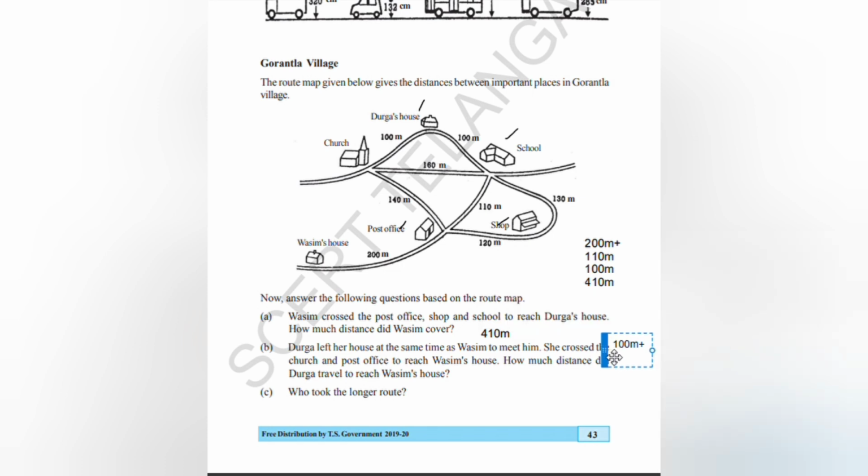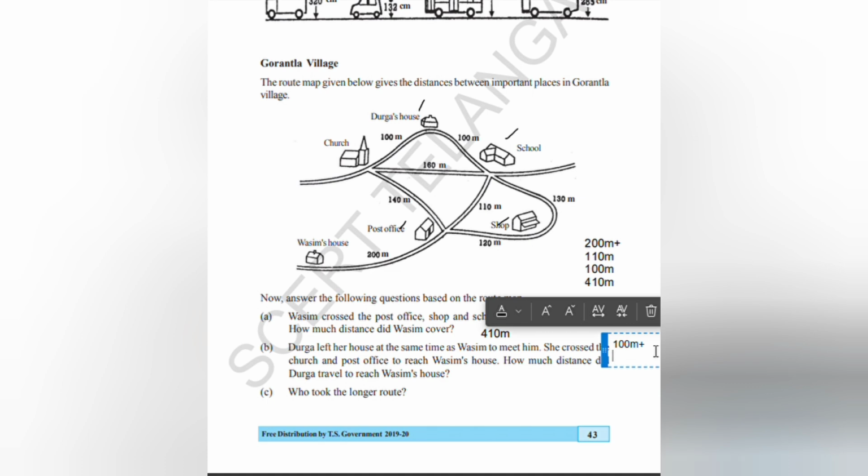And that of the post office, church to post office, it is 140 meter. At the same time, she crossed the church, that is 100 meter. Then to post office, 140 meter.